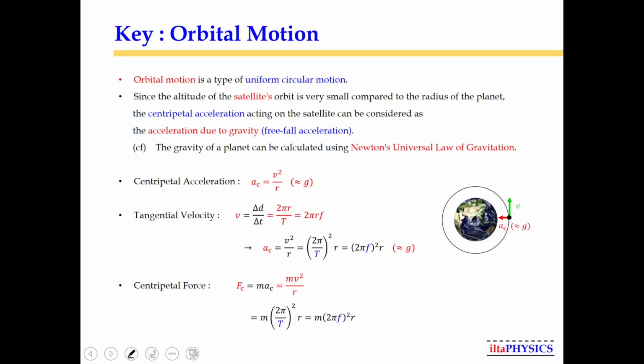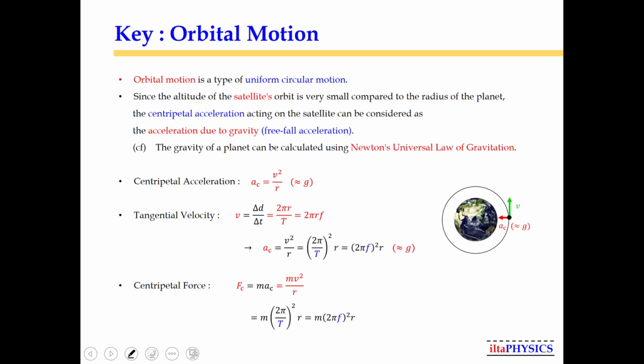In the case of a satellite orbiting a large planet like Earth, as shown in the right figure, the height at which the satellite floats is relatively small compared to the size or radius of the planet. Therefore, although the satellite has a centripetal acceleration for circular motion, we use an approximation that this centripetal acceleration is about the same magnitude as the gravitational acceleration that an object on Earth receives toward the center of the Earth.